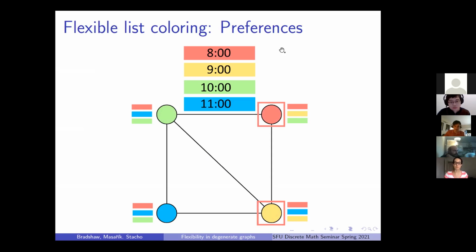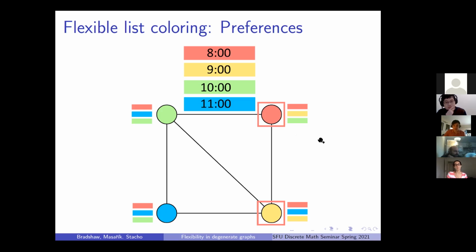For example, if I have 4 events represented by the vertices here, maybe I prefer the event corresponding to this vertex to be scheduled at 8 a.m. Maybe I also prefer the event corresponding to this vertex also to be scheduled at 8 a.m. In the list coloring model, I can model my scheduling preferences by saying that I would prefer for this vertex to be colored red, and I would also prefer for this vertex to be colored red.